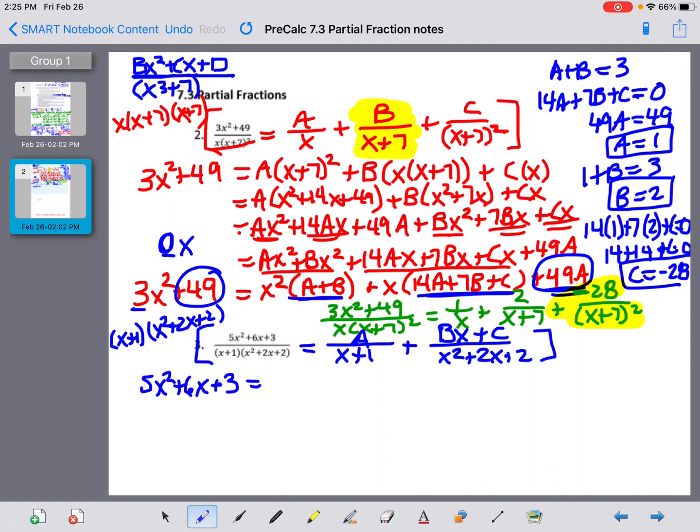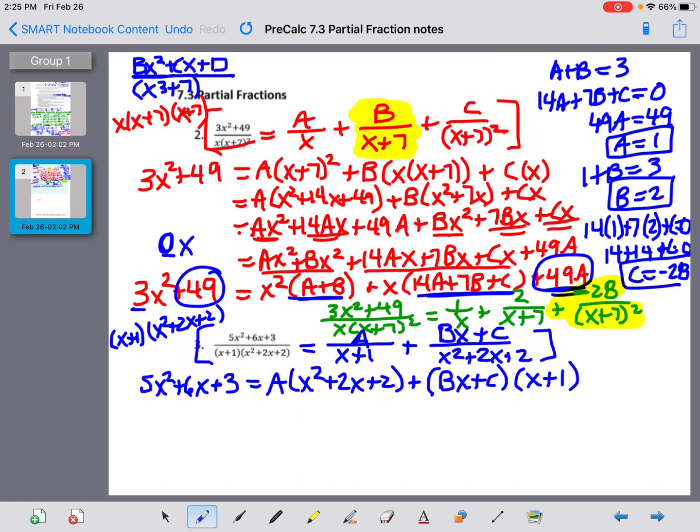On my first fraction, my x plus 1's cancel, and I'm left with a times my x squared plus 2x plus 2. On my second fraction, my x squared plus 2x plus 2's cancel, so make sure this is in parentheses. Bx plus c is still multiplied times x plus 1. Okay, so I multiply my entire equation by the common denominator. The denominators cancel, and whatever didn't get canceled has to stay on top and be multiplied.